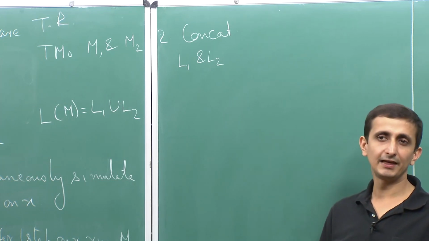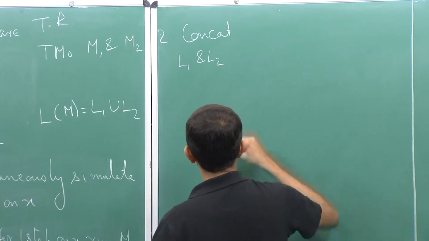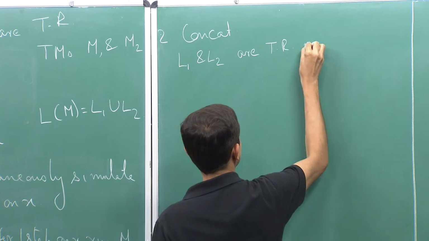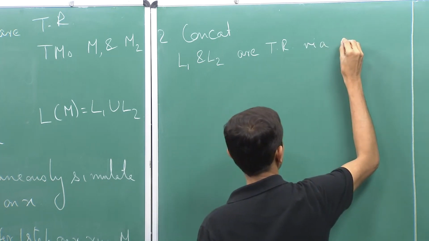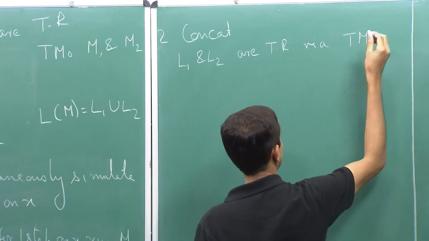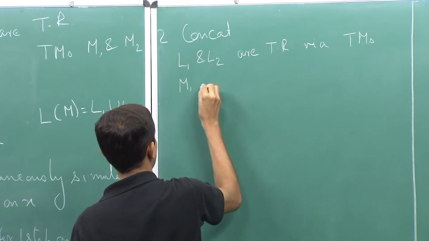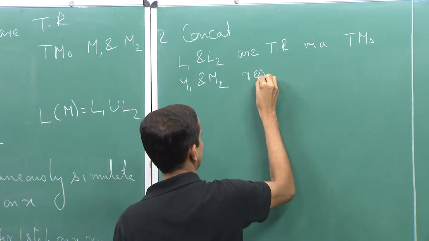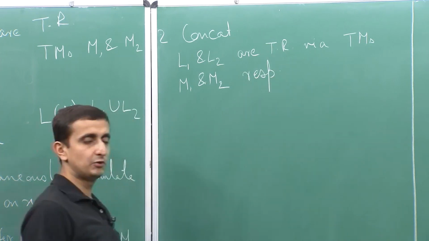The case of decidable languages is actually similar. So, suppose L1 and L2 are Turing recognizable via Turing machines M1 and M2 respectively.